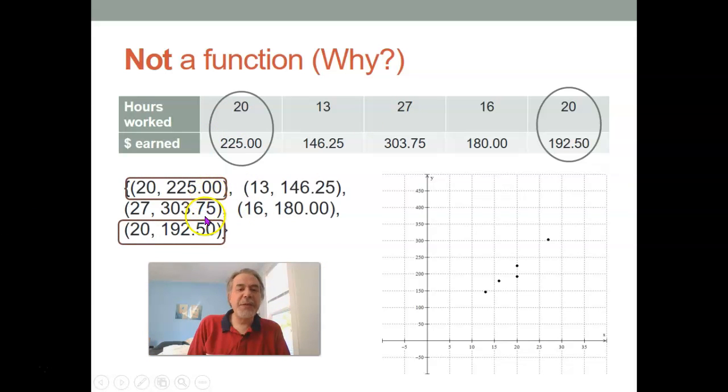And that means there can't be more than one pair of numbers with the same first element, with the same x coordinate but different y coordinates. And that means that you can't have more than one point with the same x coordinate. You can't have two different points that are directly above one another, because that would mean that they have the same x coordinate, but different y coordinates.